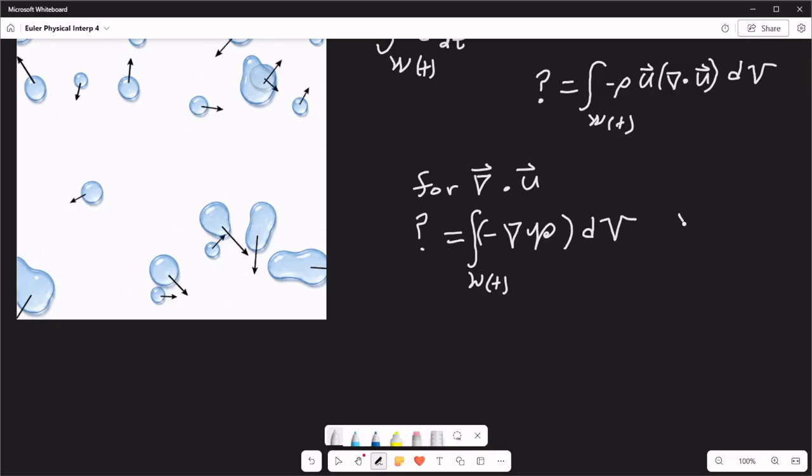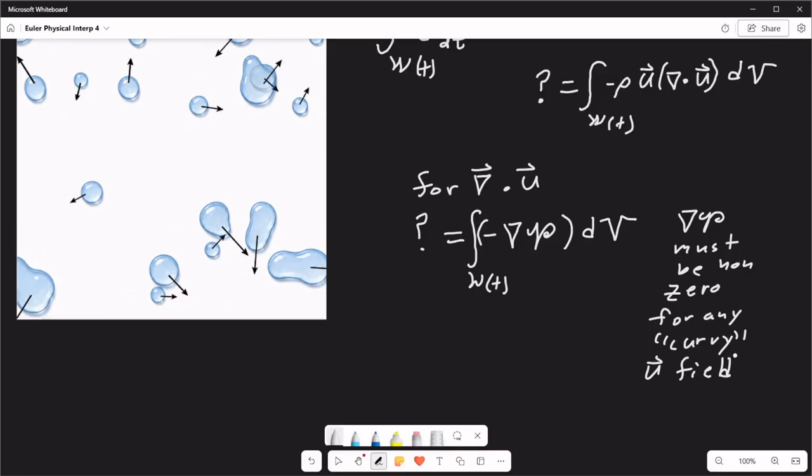And the gradient of P must be non-zero, at least if there are any changes in velocity, as well as for any varying u vector field.